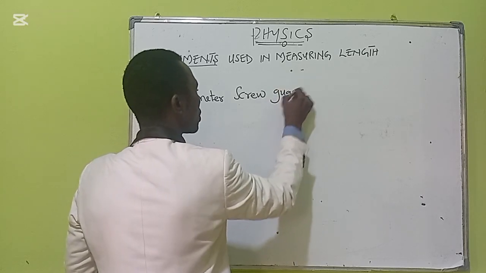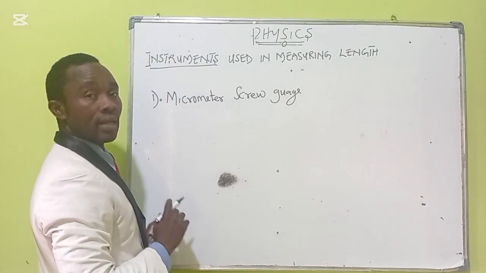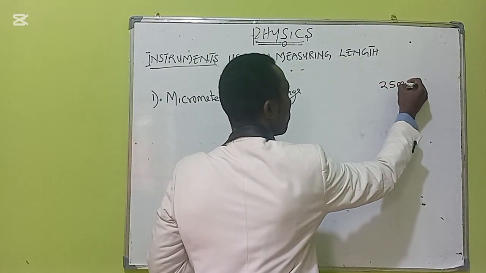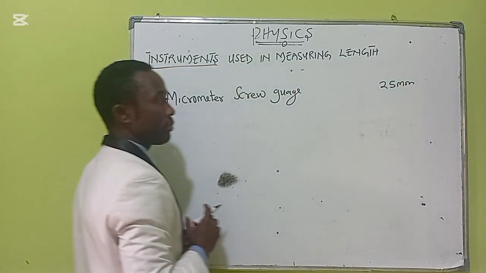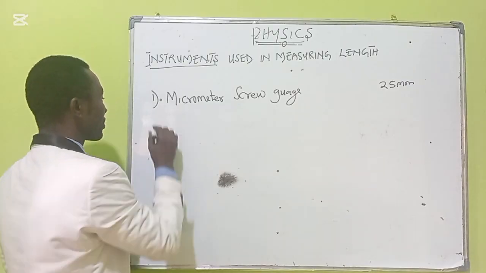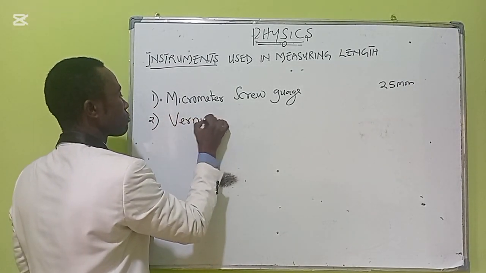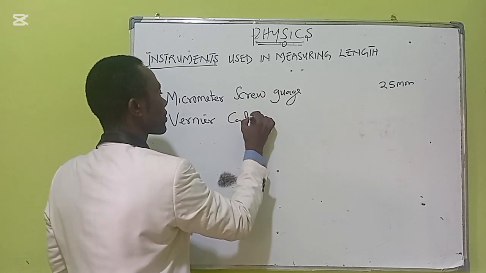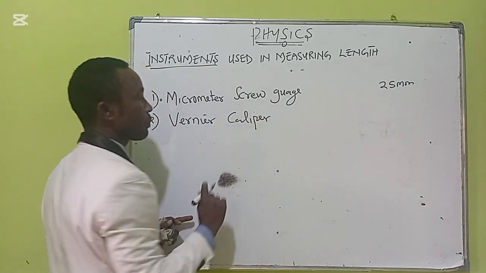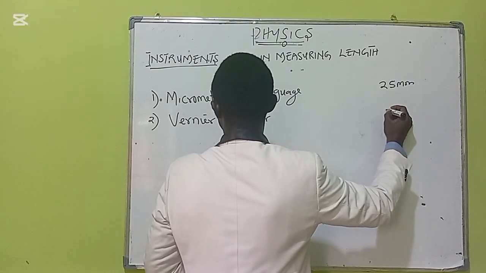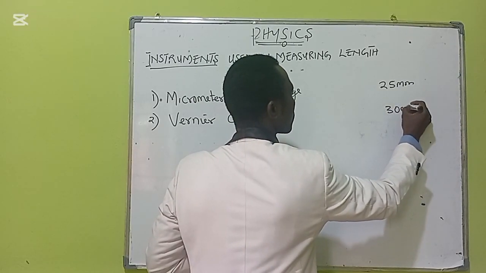This instrument can measure distance up to 25 millimeter. Number two is the Vernier caliper, which can measure distance up to 30 centimeter.